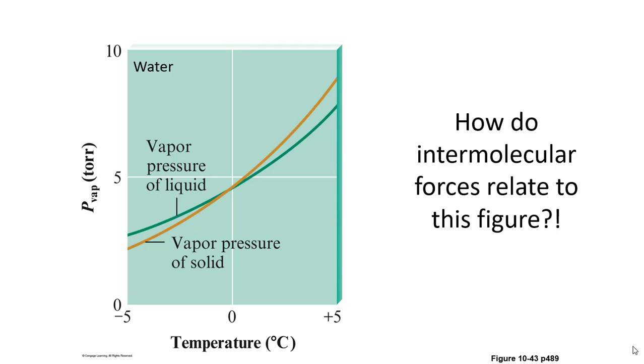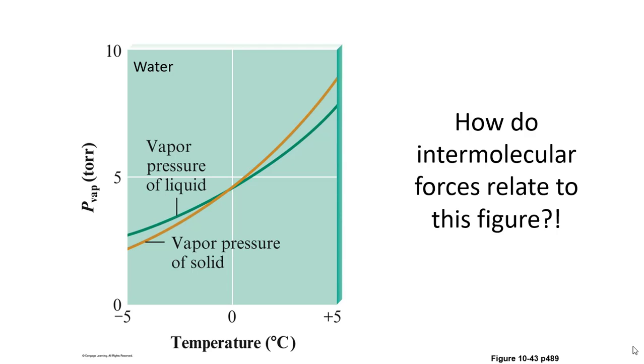Whenever you pressurize a sample, you're condensing it, you're pushing the molecules all together, which means you're forcing those liquid molecules, for instance, to have stronger intermolecular forces. But the vapor pressure of the liquid is still higher at temperatures less than zero and lower at temperatures more than zero. And so it's those forces between them that are going to determine the pressure at which the liquid or the solid is going to turn into a gas. So how do they relate?